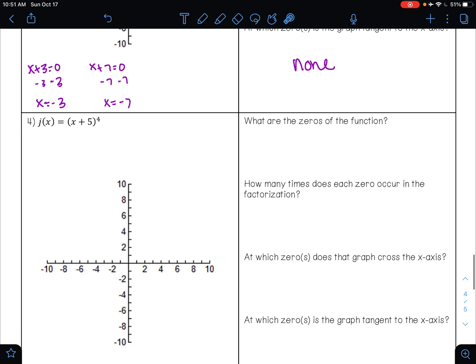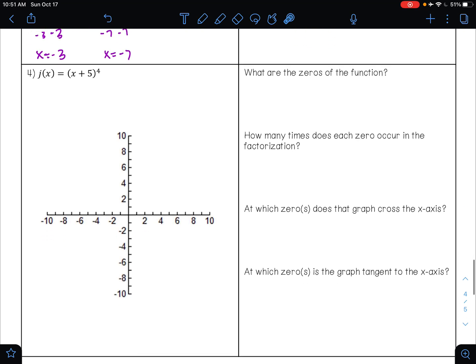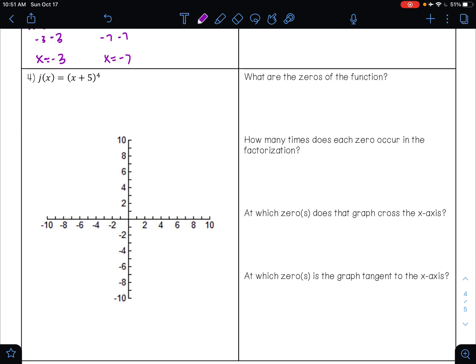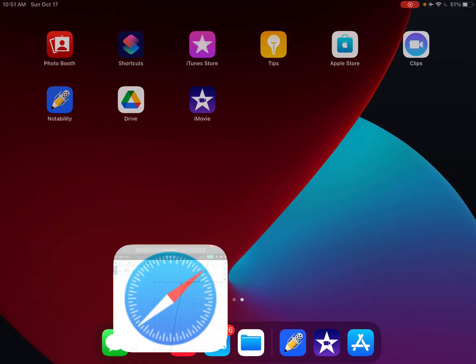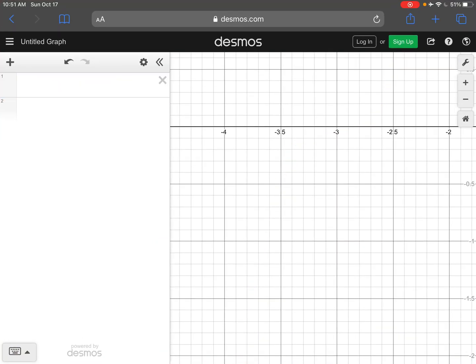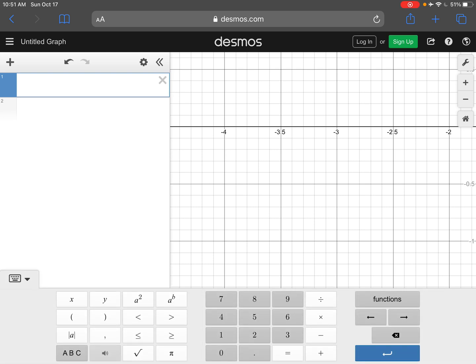And then on this last example, we have (x plus 5) raised to the 4th power. So here I know that I'm going to have a zero where x equals negative 5. And if you're not sure, you can go ahead and pull up Desmos. So again, that is (x plus 5) raised to the 4th power.